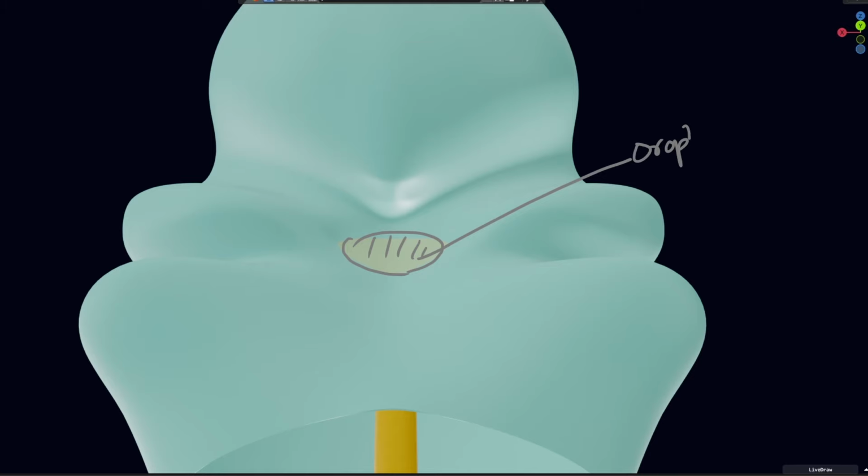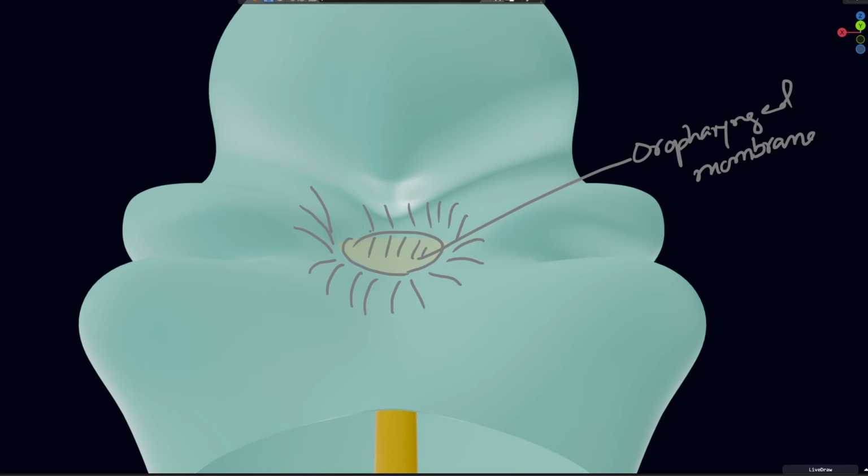It is also, by the way, called the buccopharyngeal membrane. And the ectoderm that is surrounding it, this ectodermal depression, is actually the stomodeum.